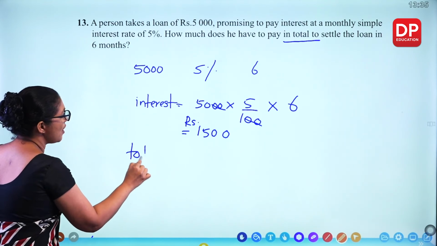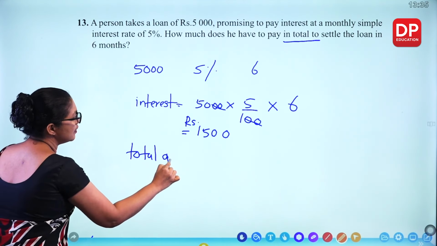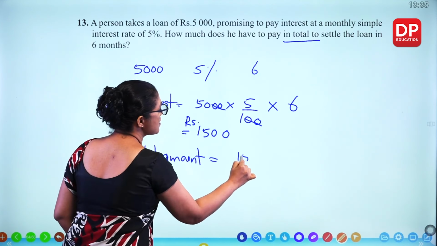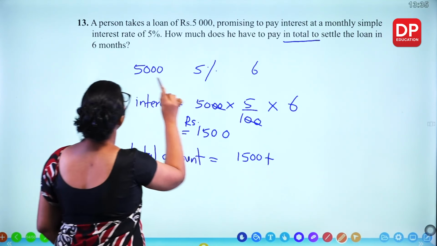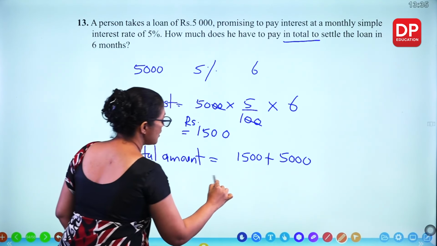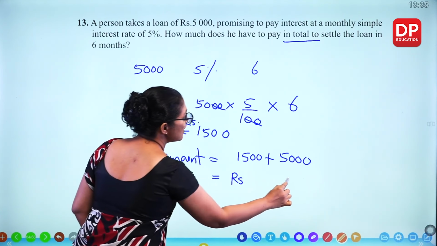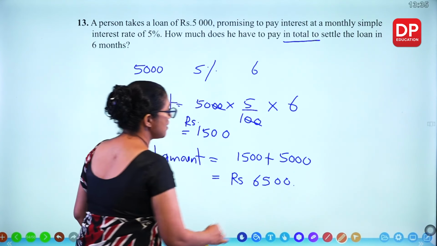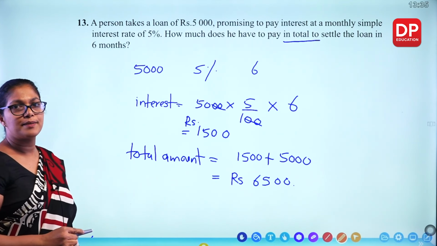So total amount is, you are adding this interest to the value borrowed. So that's 5,000. So the total is, you are getting 6,500 rupees.